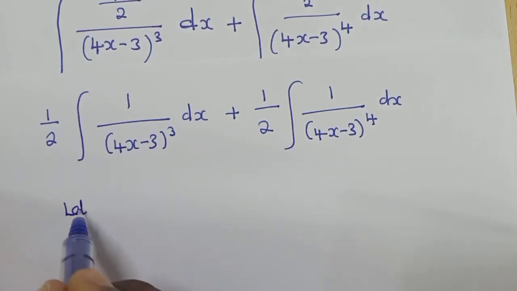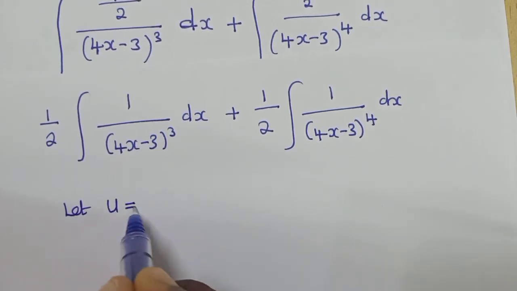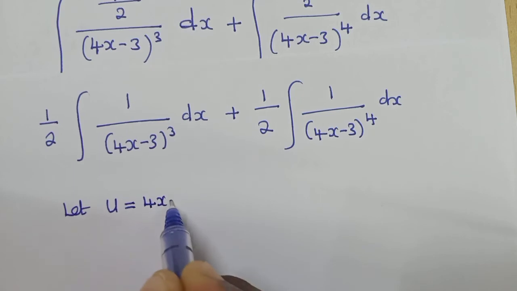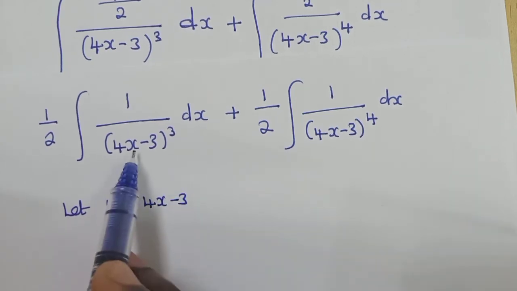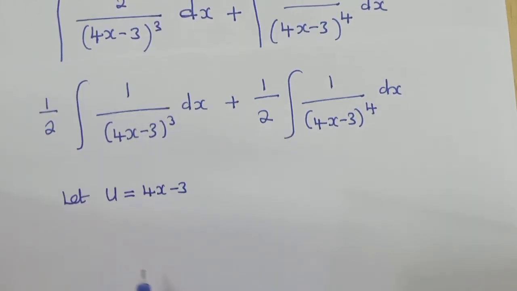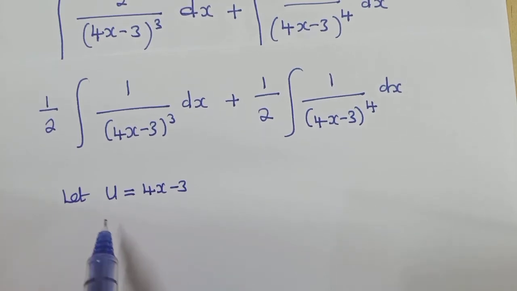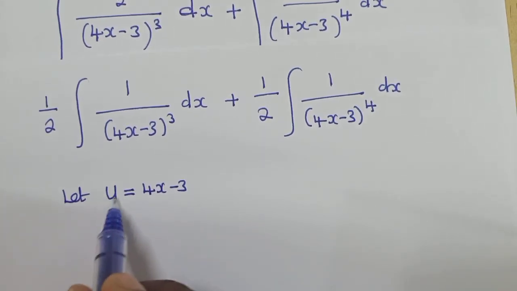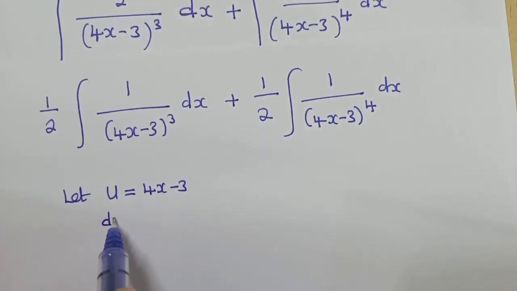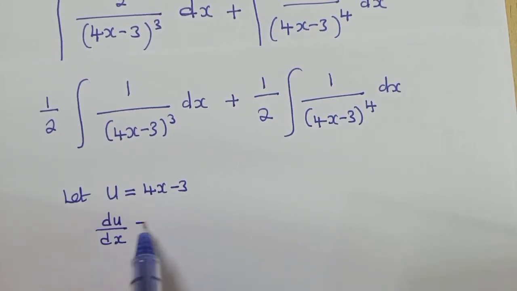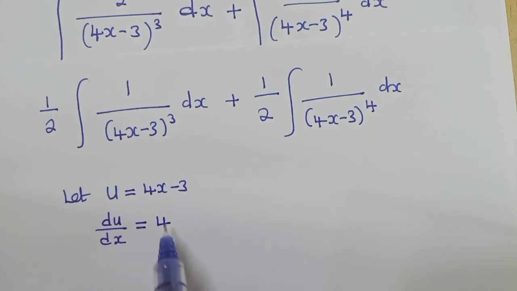So we let u be equal to 4x minus 3. We will now find du dx. So du dx of this one will be just 4.